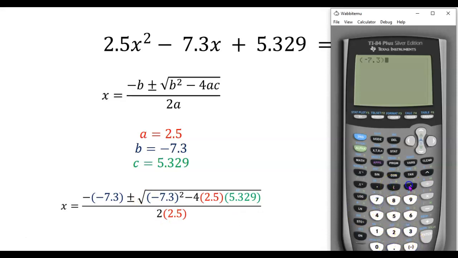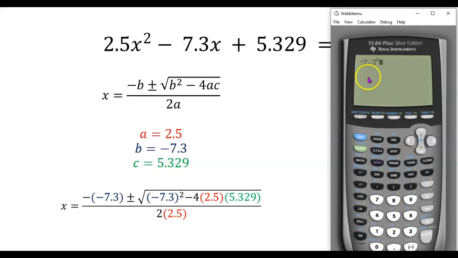I put parentheses around the negative 7.3, and then I put a squared sign outside the parentheses, because I want to make sure I'm telling the calculator to square the number negative 7.3. If I put it in like this, negative 7.3 squared, the calculator would probably square the 7.3 first and then make the result negative, which is not what I want.